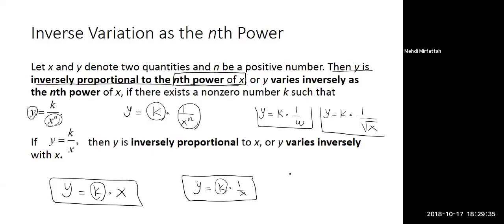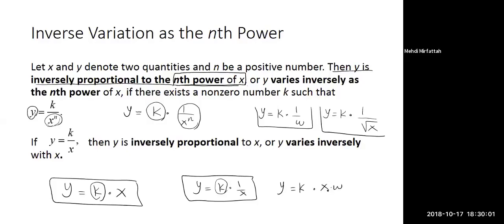You could say jointly too. I can say y varies jointly with x and w, it's a different variable. If I say y varies jointly with x and w, you say y is equal to some factor k times x and w. This is really jointly.